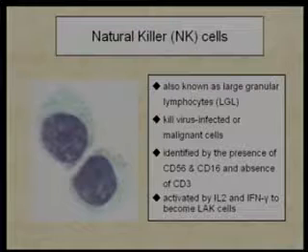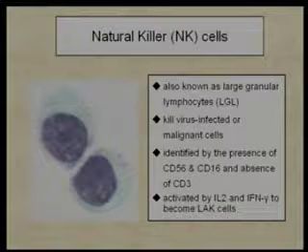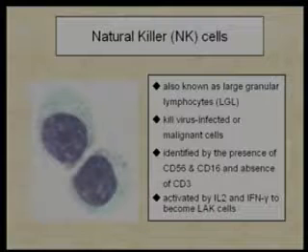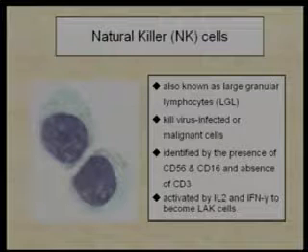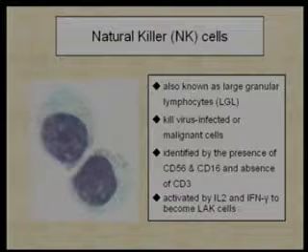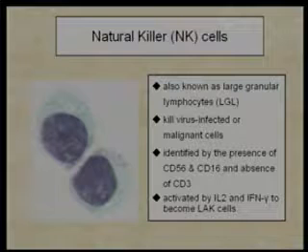Okay? And when these cells are activated by cytokines, either interleukin-2 or interferon gamma, activation by these cytokines results in the conversion of these NK cells into the LAK cells. And LAK cell simply stands for lymphokine activated killer. So this is just an activated NK cell.